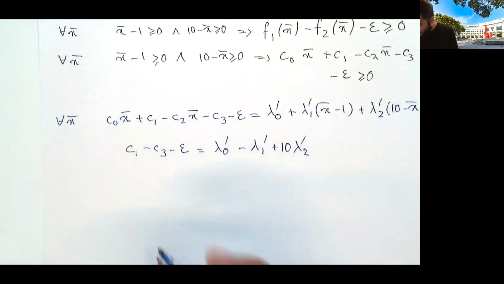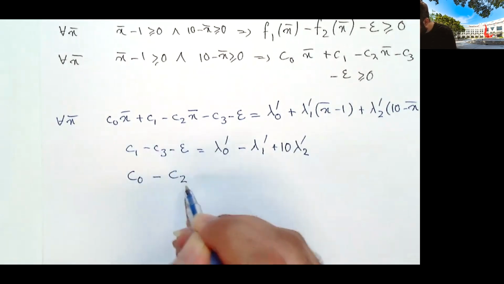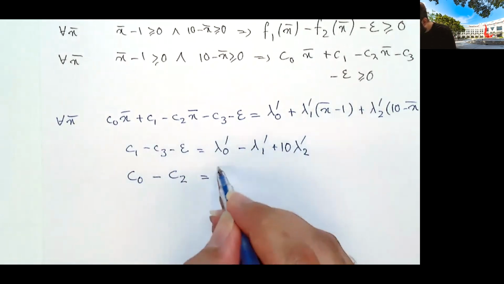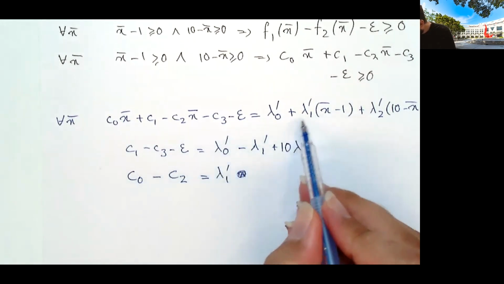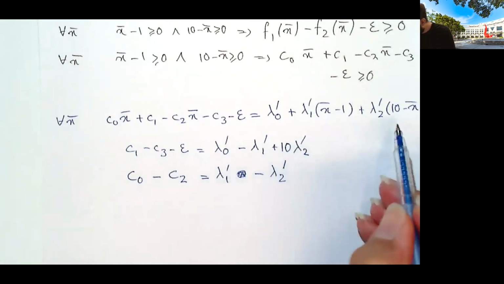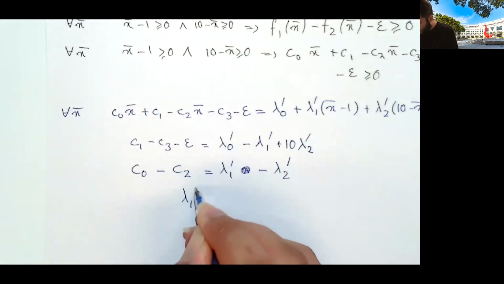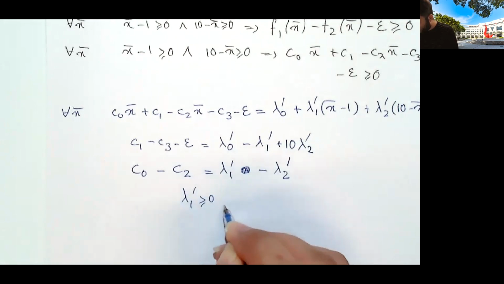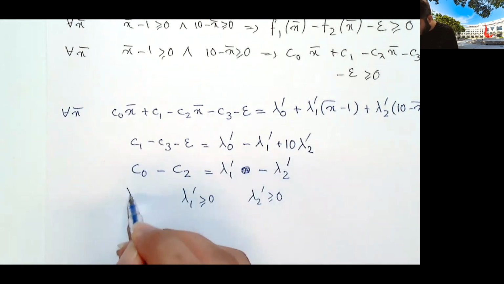So the coefficient of x on the left-hand side is C0 minus C2. And on the right-hand side, it's lambda 1 prime minus lambda 2 prime. Okay. Now, and of course, I also should have lambda 1 prime greater than or equal to 0, and lambda 2 prime greater than or equal to 0, and also lambda 0 prime.